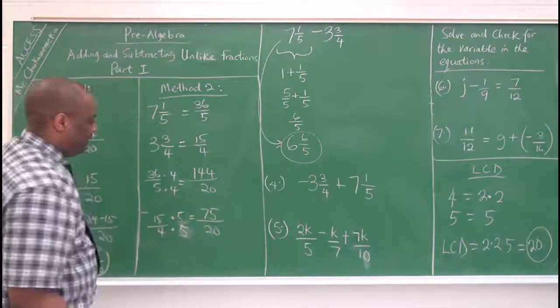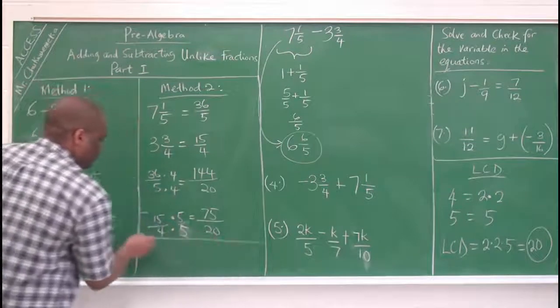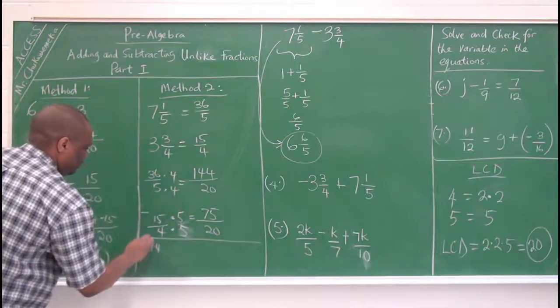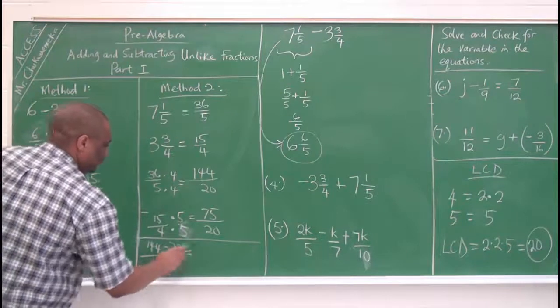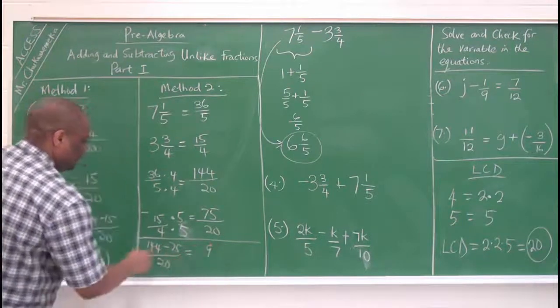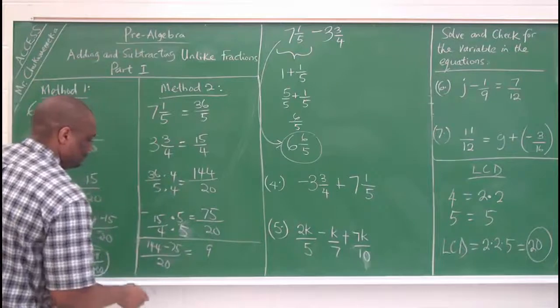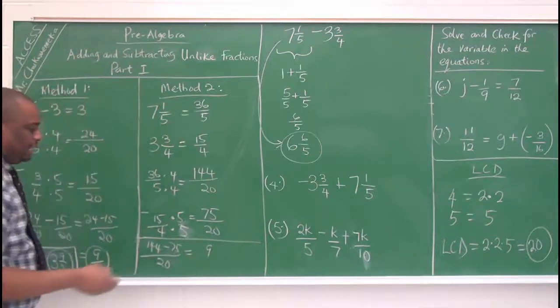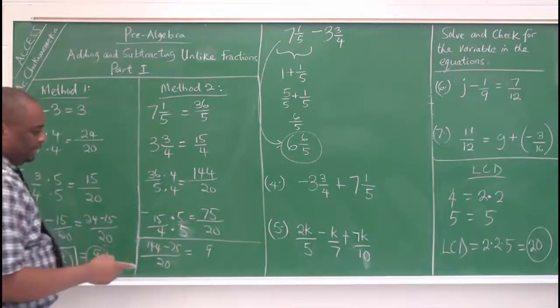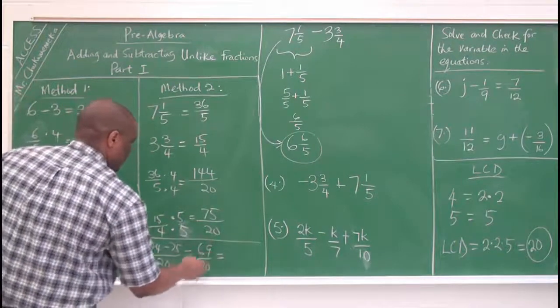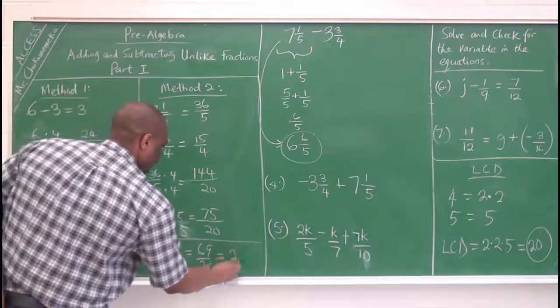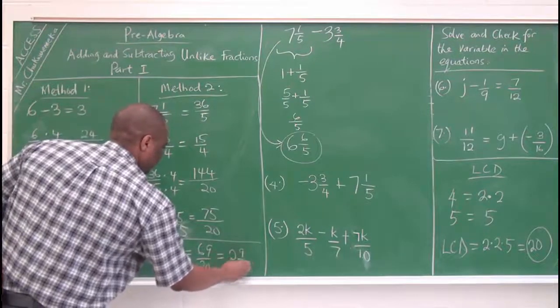So we now have 144 minus 75 all over 20. Which is 14 minus 5 is 9. 13 minus 7 is 6. 69 over 20. And that will give us 3 whole number 9 over 20.